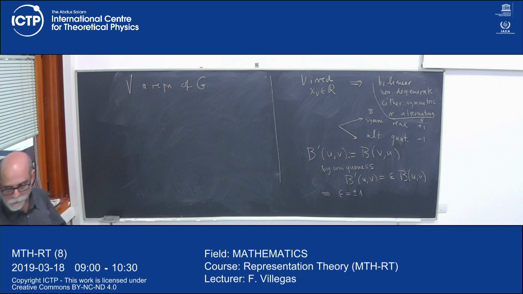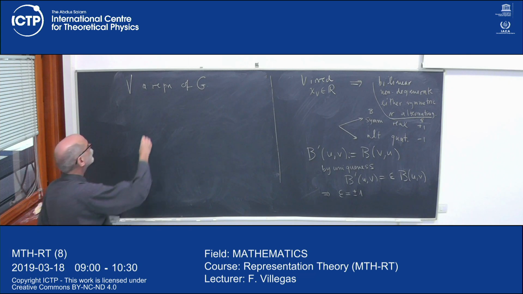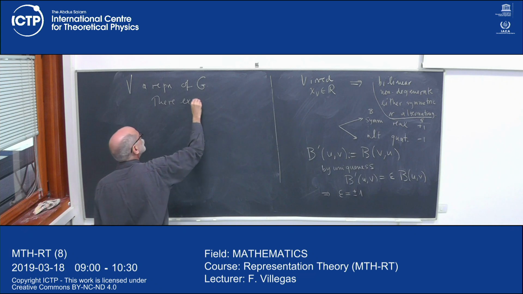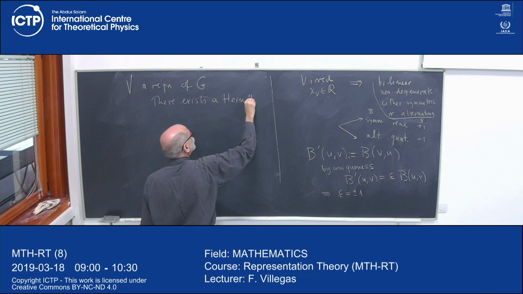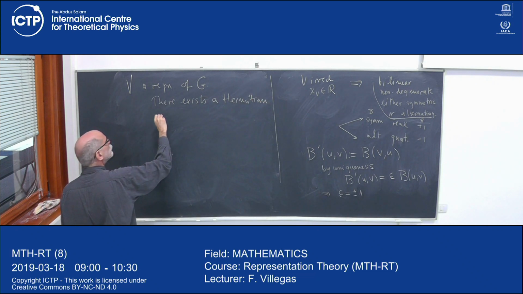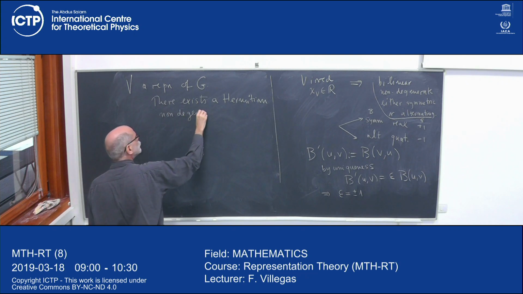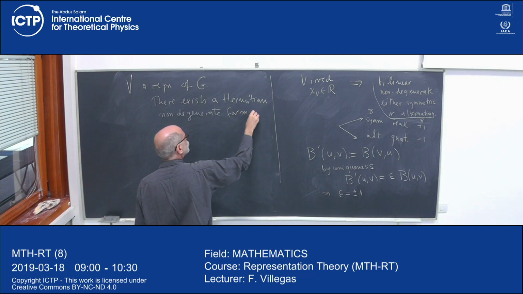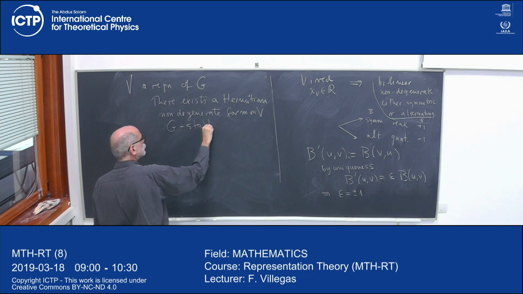We did this a while back, but by averaging, we have shown that there exists a Hermitian non-degenerate form on V, which is G stable.